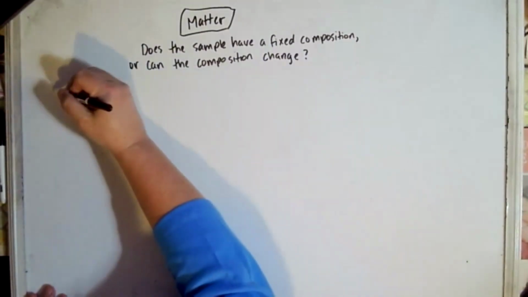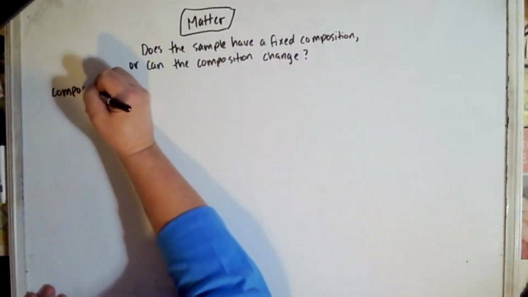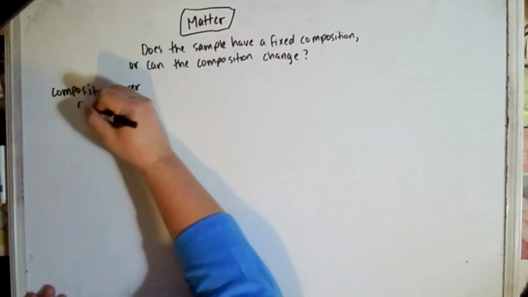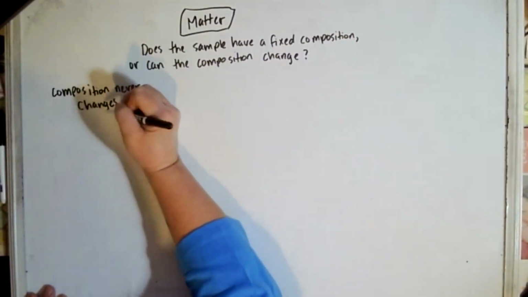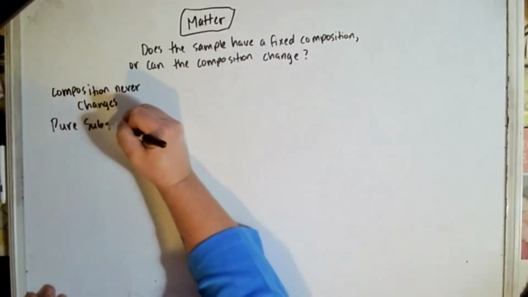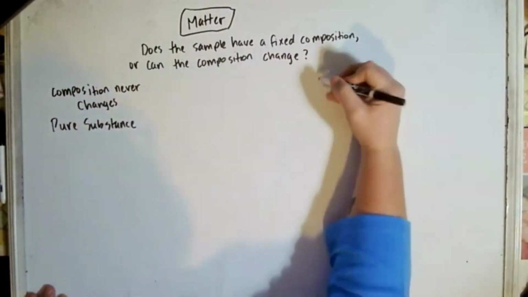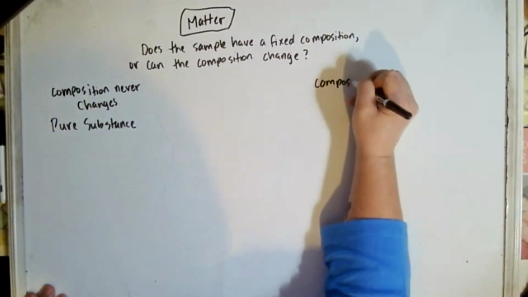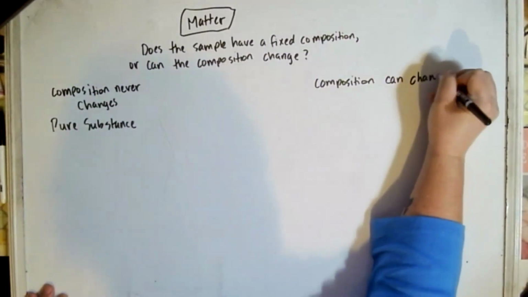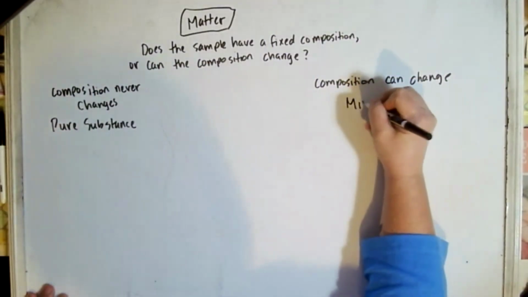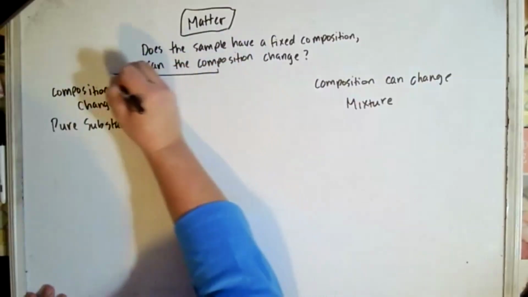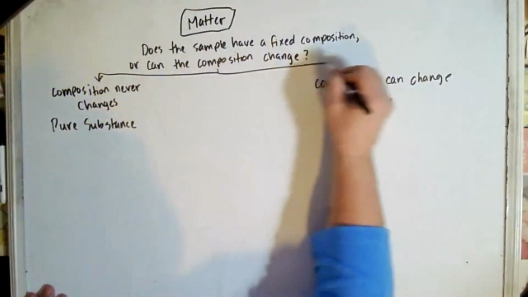Okay. If the composition never changes, then you have a pure substance. If the composition can change, then you have a mixture. Okay. So these are the two possible answers that you can give.